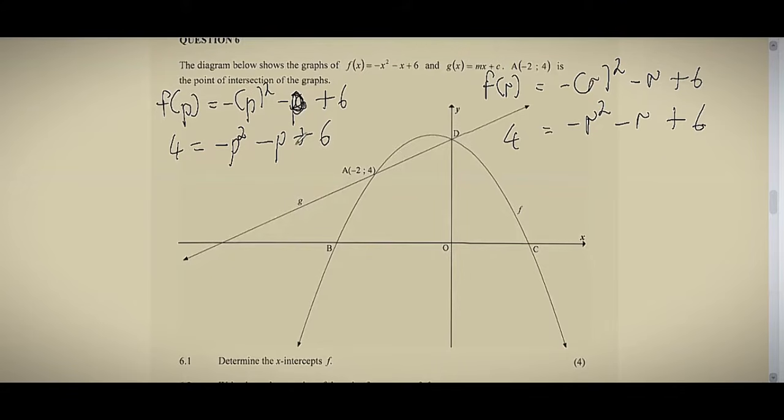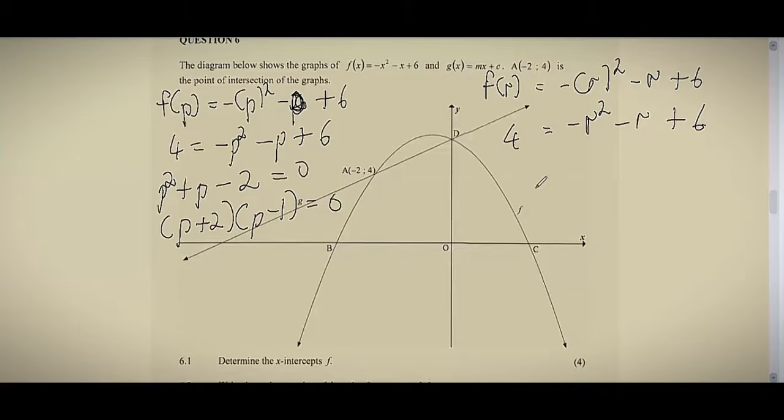So now, looking at this, if we try to solve this, let's bring all this over here. This is p squared plus p, and then if we say 4 minus 6, that's minus 2, is equal to 0. So this would be p plus 2 and then p minus 1 is equal to 0.